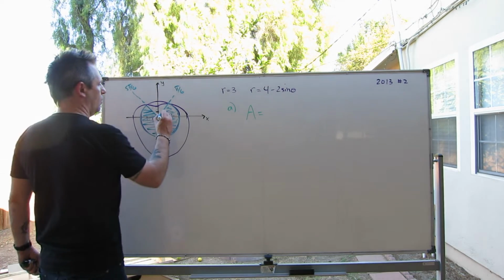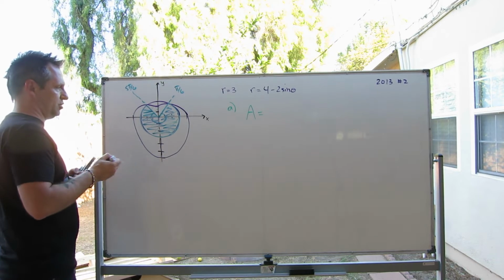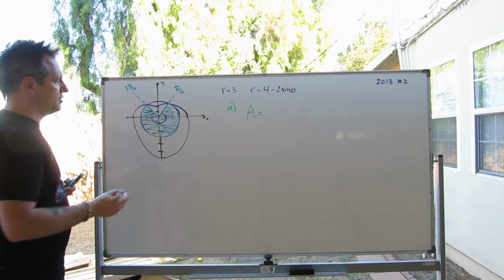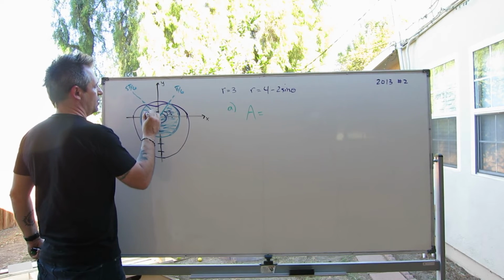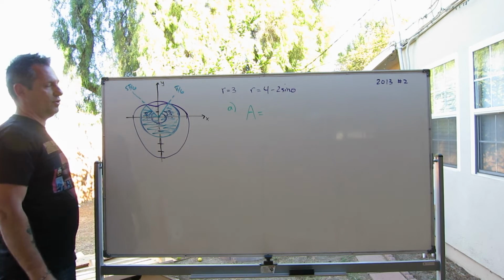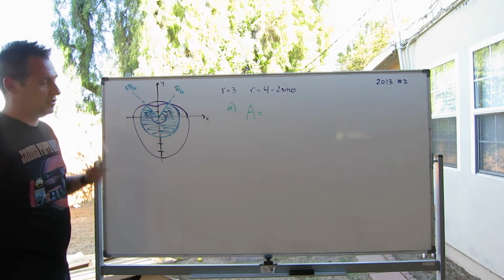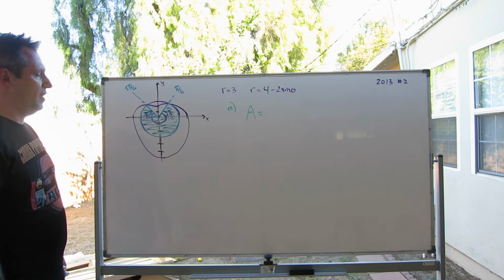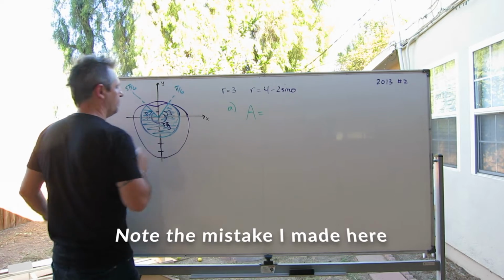All I need to know is what this angle right here is. This part is pi over 6 and this part is also pi over 6. This bottom half of the circle is pi, so it's pi plus 2 pi over 6, so pi plus pi over 3, so 5 pi over 3. So this angle right here is 5 pi over 3.